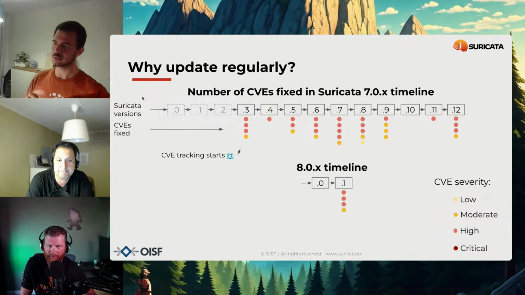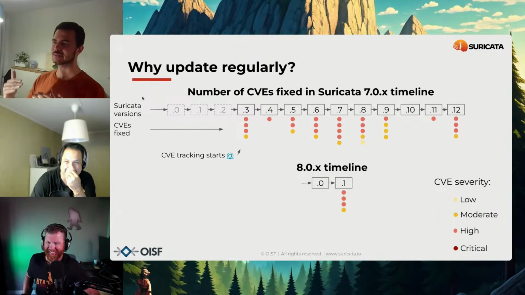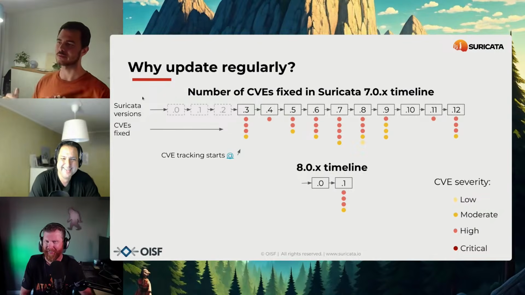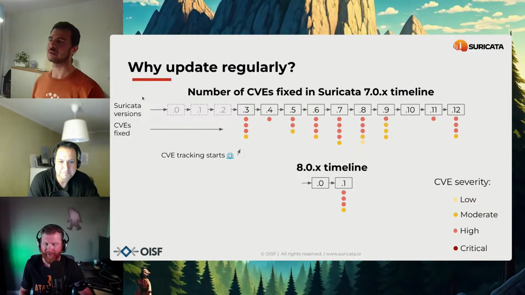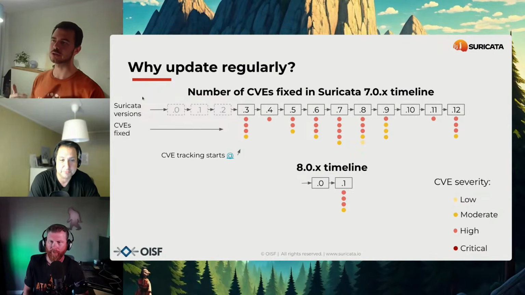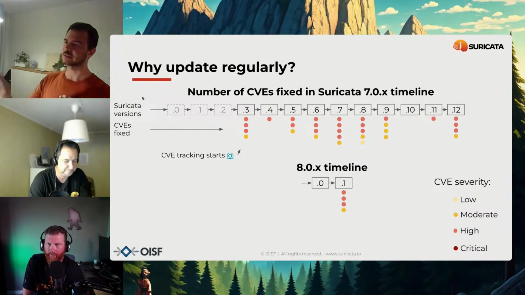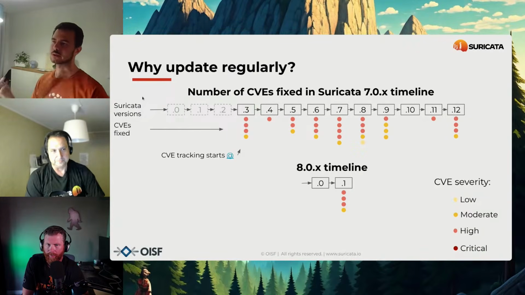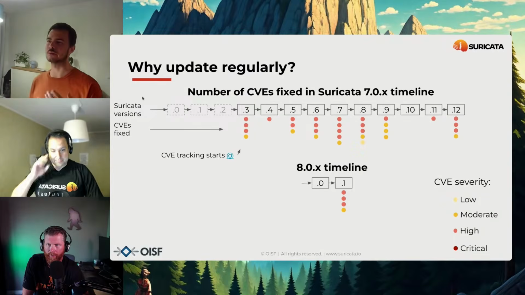But to complete the detour, Peter, there is a nice upgrade guide from 7 to 8 where we try to highlight every breaking change, and what that means for the user or for the operator, so they can decide, okay, I might need to update this configuration or something like that.